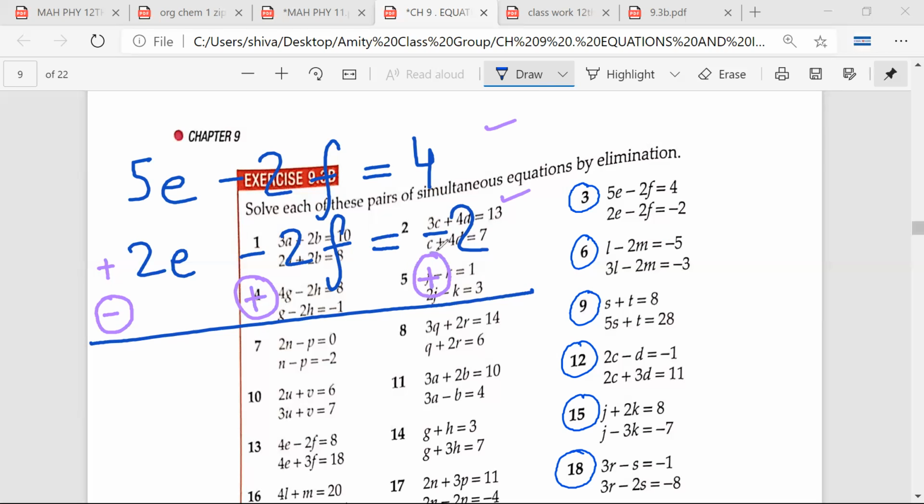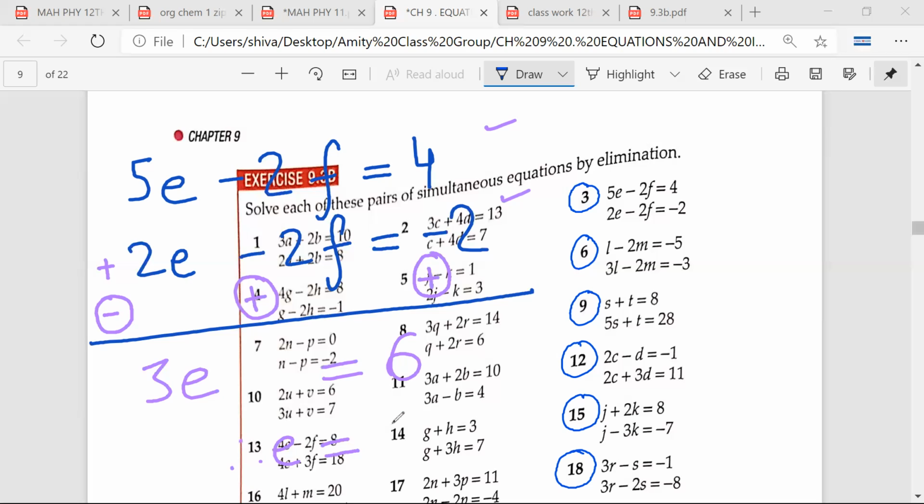Sanviji, any confusion? No, sir. Soumyaji, any confusion? No, sir. So in this exercise 9.3b, basically you are subtracting the two equations.